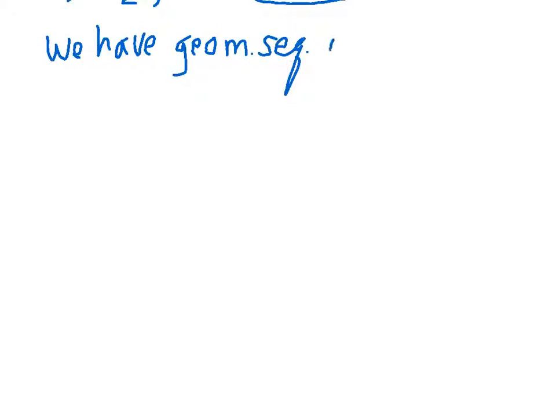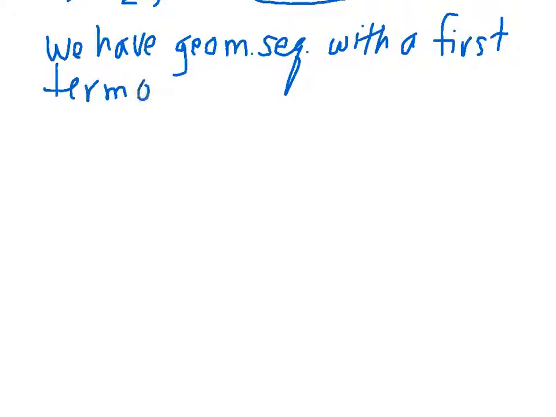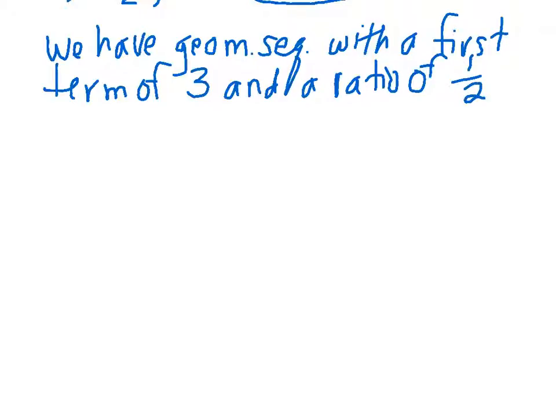Let's say we have a geometric sequence for the first term of 3 and a ratio of 1/2. What is the 7th term?